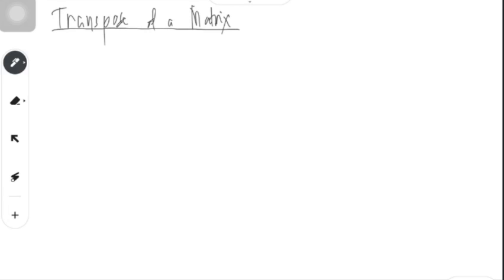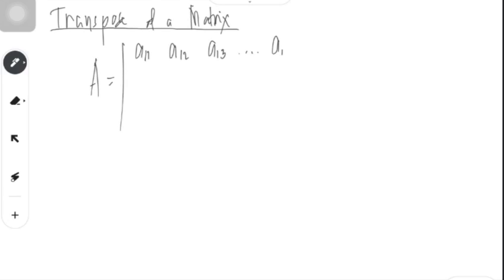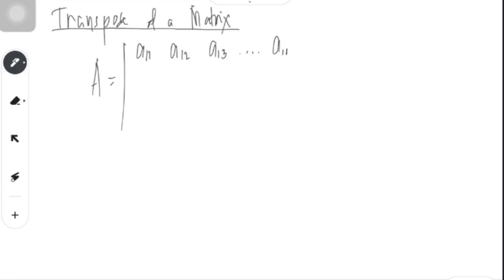What is the transpose of a matrix? Let's say given matrix A, whose elements are A11, A12, first row second column, first row third column, then A first row, n column. Then followed by A21, A22, A23.